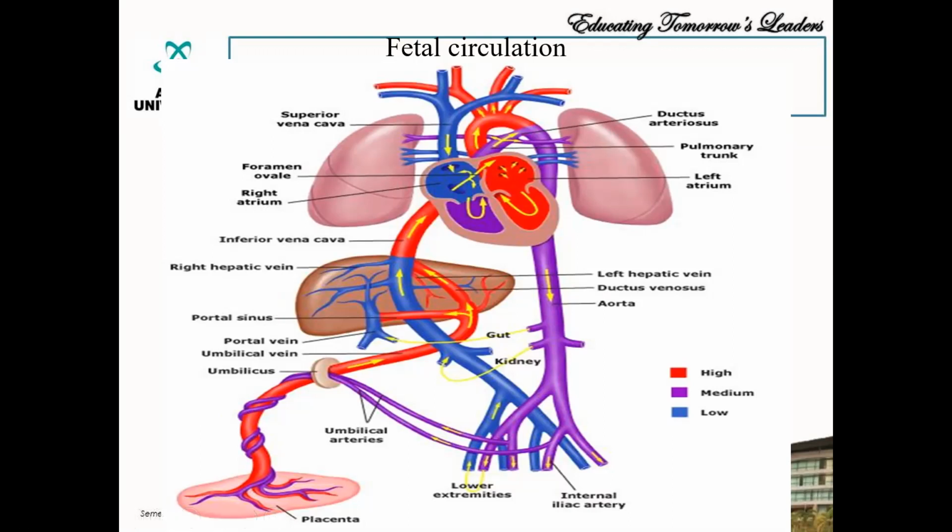In a fetal body, only the liver will be getting 100% of oxygen. Then the head and the upper limb will be getting around 95% of oxygenated blood. The lower limb will be getting a lesser percentage of oxygen. Is that clear? So this is what happens in the fetal circulation.